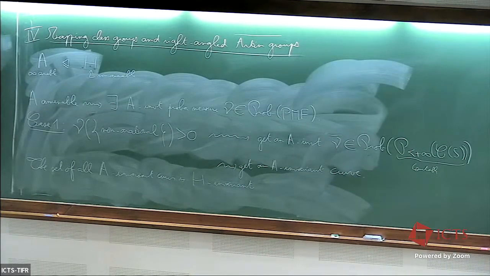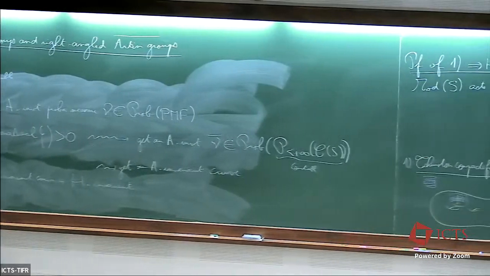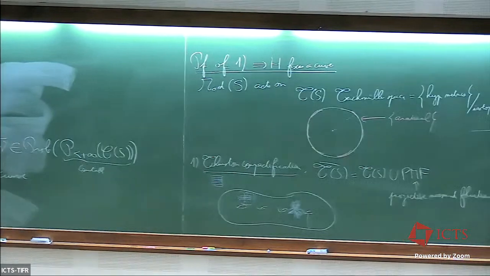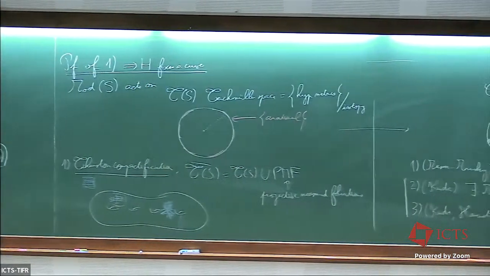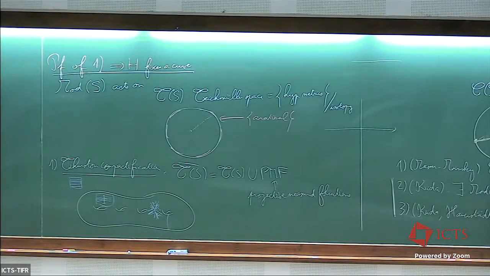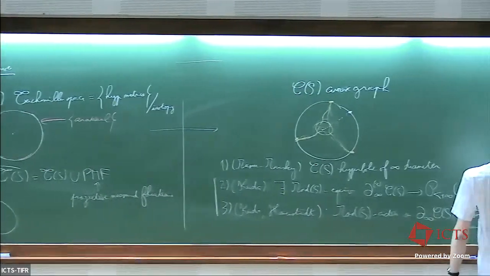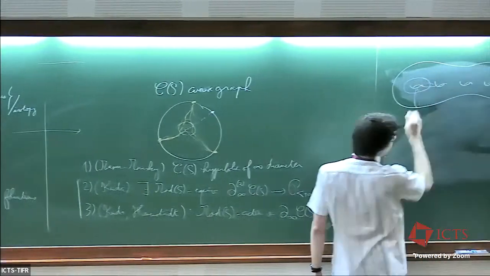Yes, for now. Okay, but never mind. So it could be maybe that this curve could be invariant, but maybe this one also is A-invariant, maybe this one also is A-invariant.